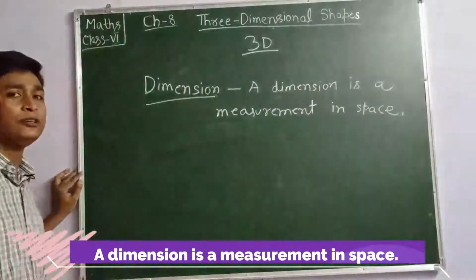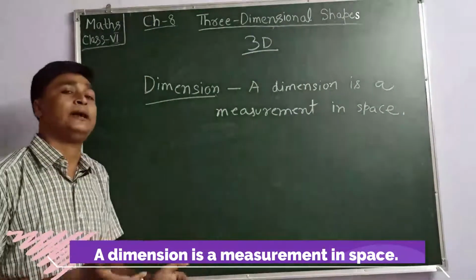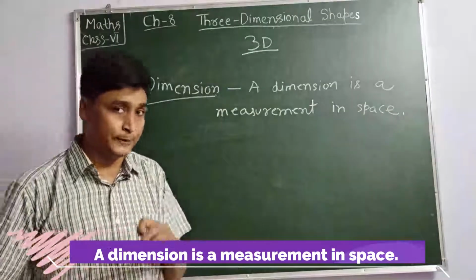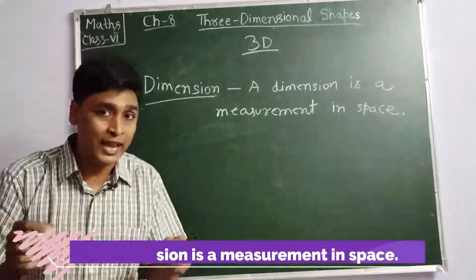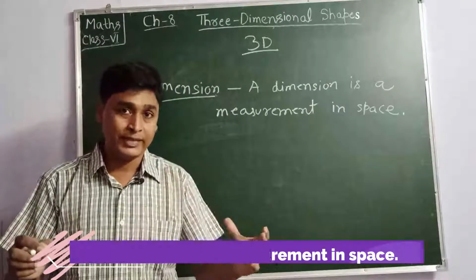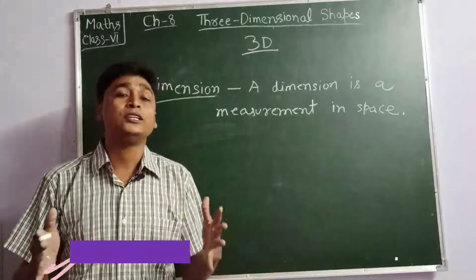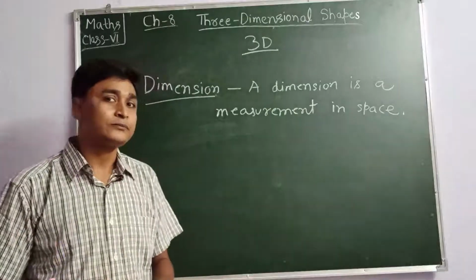A dimension is a measurement of any object in a space. Suppose when we are measuring something like length, height, breadth, it is called a dimension.